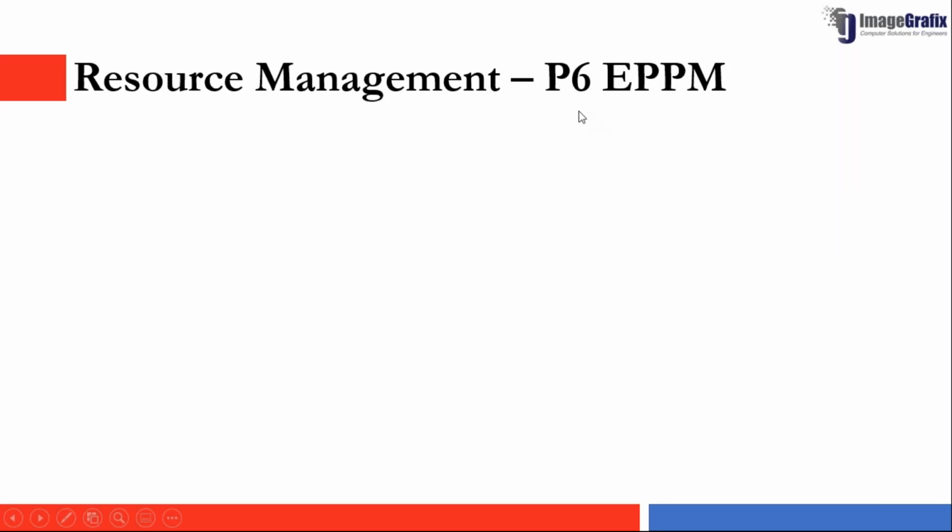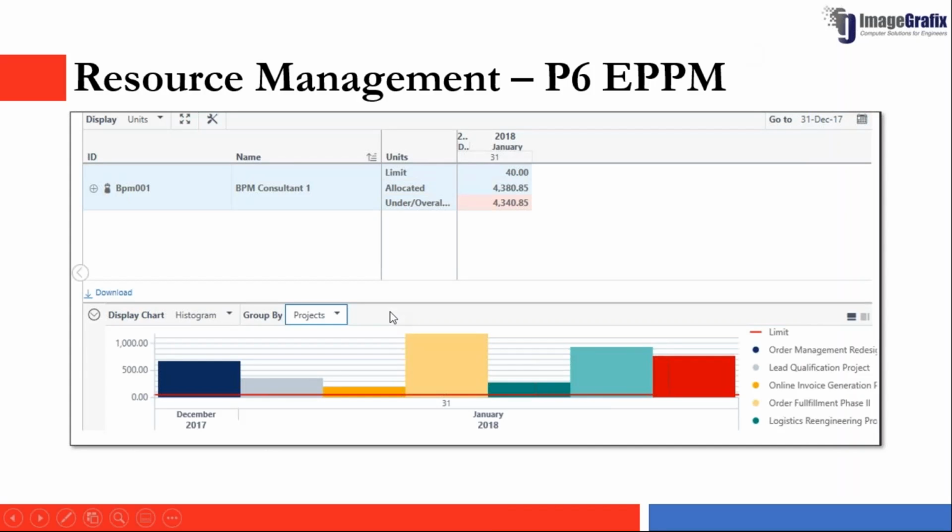Okay, after we create a project, create the activities, and assign relationships, the next step is the resources. In the resource management part, you have a dashboard, right, for the top management or even the resource managers.